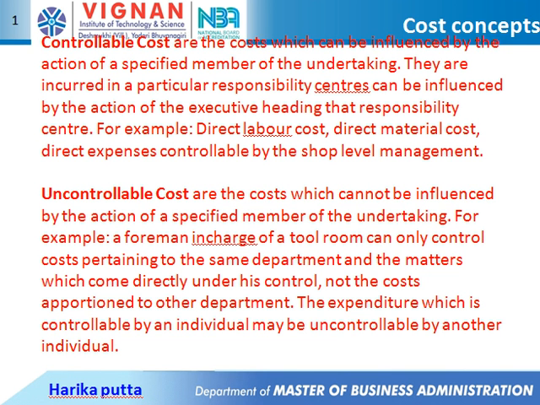That doesn't work out, right? So, that is uncontrollable cost. An expenditure which is controllable by an individual is controllable cost, and one which cannot be influenced by an action is uncontrollable cost. So, these are the cost concepts.